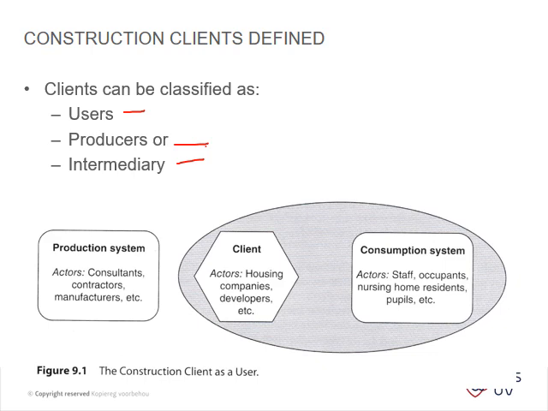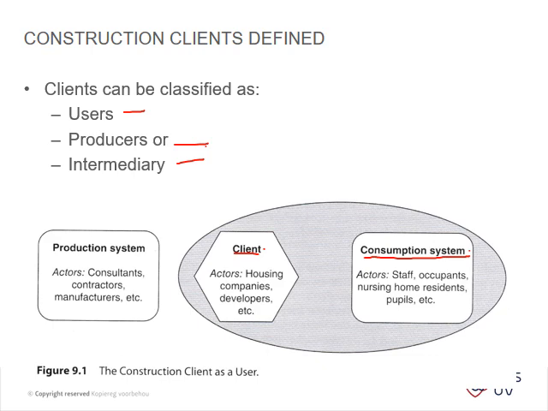So firstly, your construction client as a user includes your client and a consumption system. A good example of this might be a municipality, who will be the client, but they will also ultimately be the end user of that building.